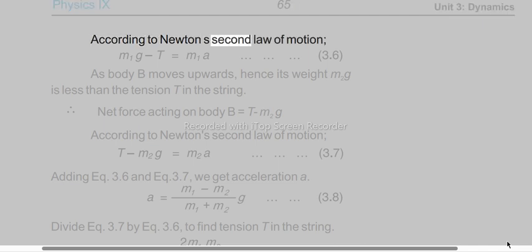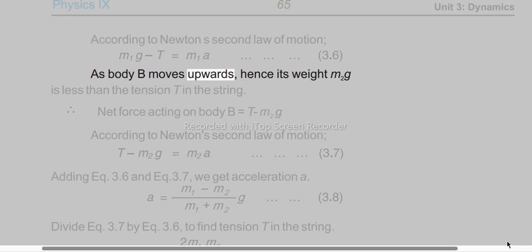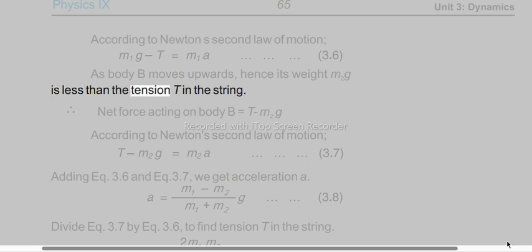According to Newton's second law of motion, as body B moves upwards, its weight m2g is less than the tension T in the string.